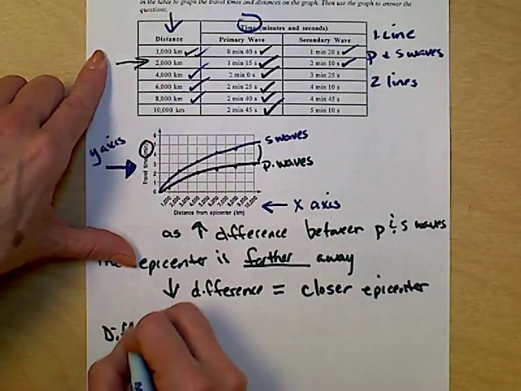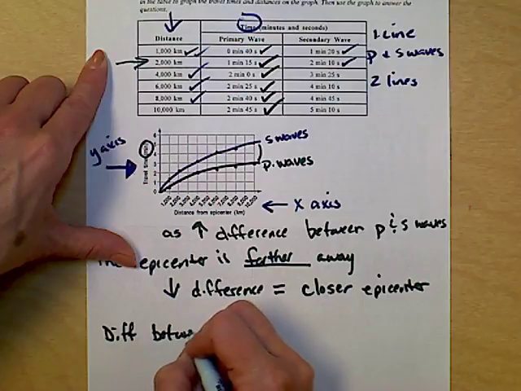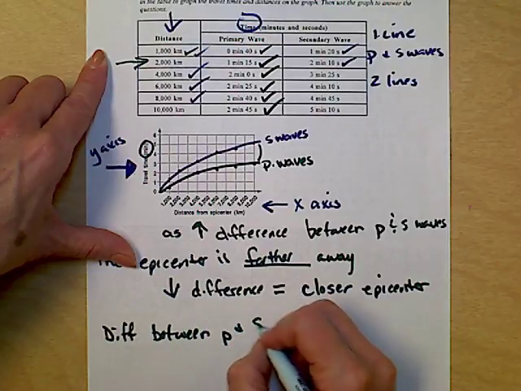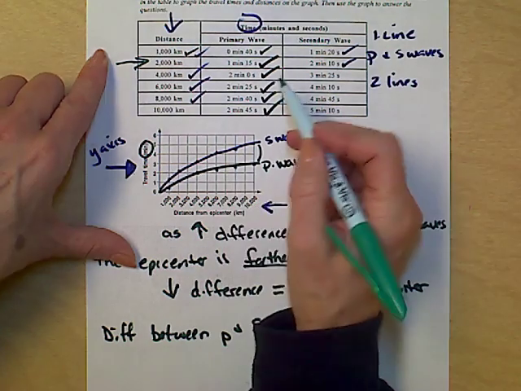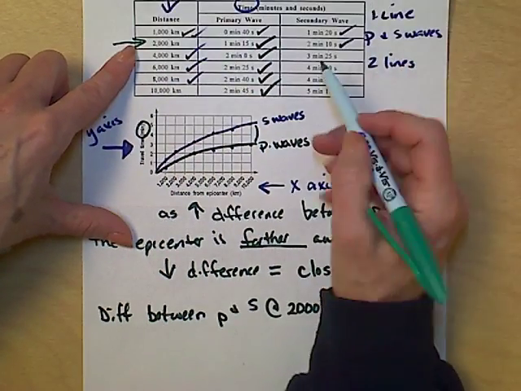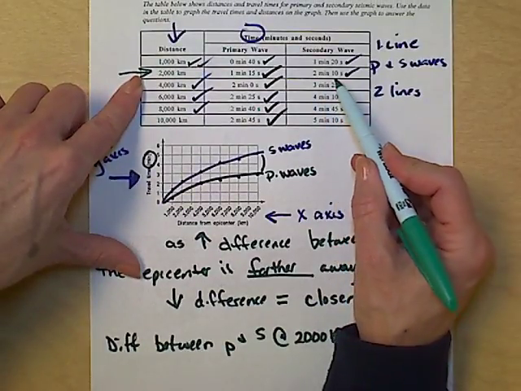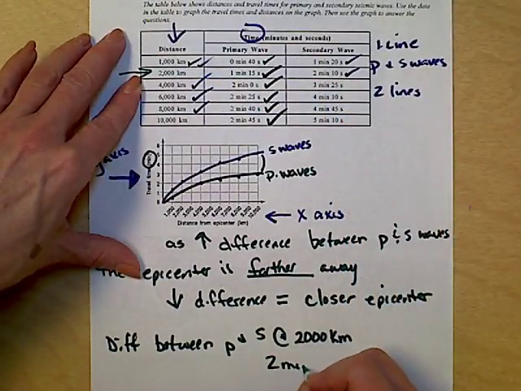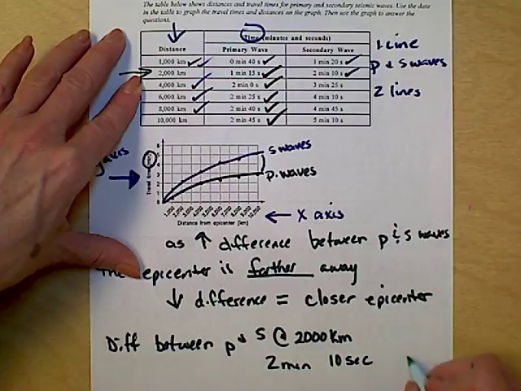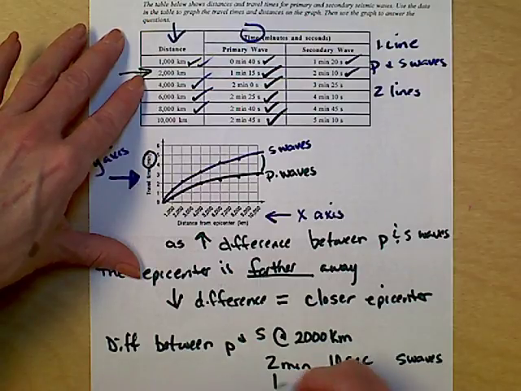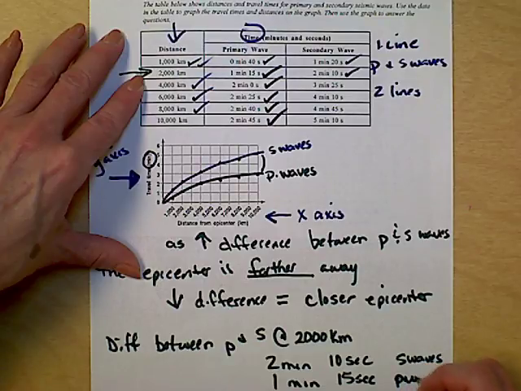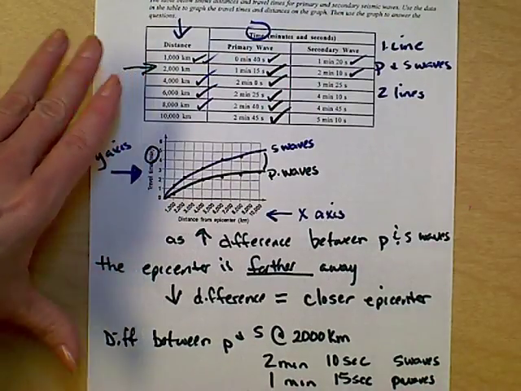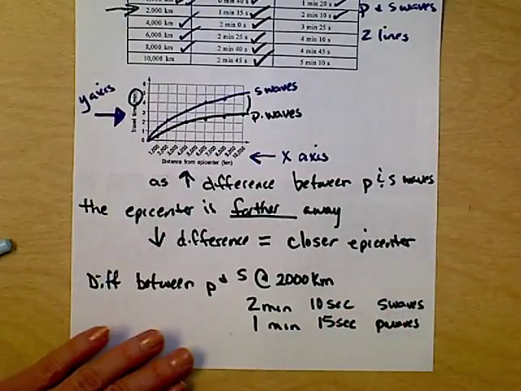So the difference between P and S at 2,000 kilometers is, my S waves are 2 minutes 10 seconds, right? My P waves are 1 minute 15 seconds. So what is my difference there? What is my time difference there?